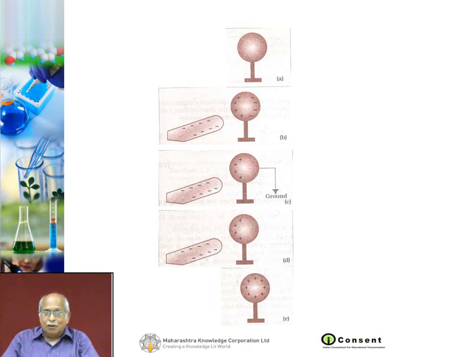The free electrons on the opposite surface will quickly move to the ground, will quickly move to the earth. प्लास्टिक रॉड पासून लांब असलेल्या सरफेसवरचे ज्यादा इलेक्ट्रॉन्स हे जमिनीकडे निघून जातील. This is what is shown in figure C.